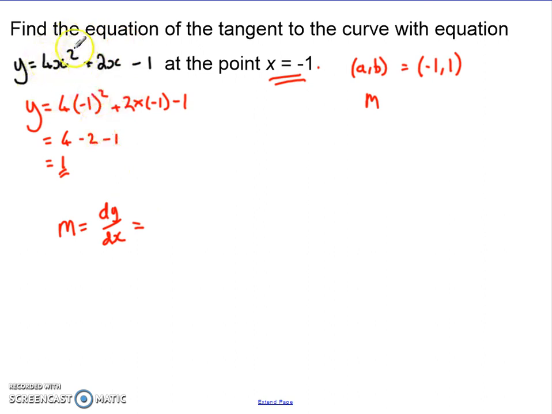Bring the power down, reduce the power by 1. So if y is equal to 4x squared plus 2x minus 1, the derivative becomes 8x for the first term, and this one here being plus 2x simply becomes plus 2. The minus 1 is just a constant. When we take the derivative of a constant, we get nothing. So we've got 8x plus 2. What we need to do is substitute in x equals minus 1.